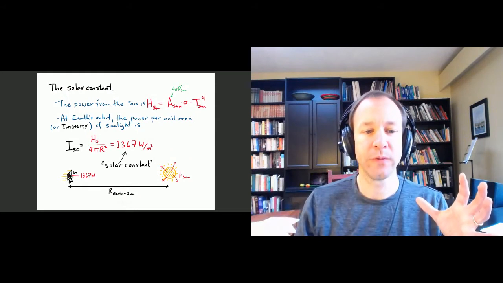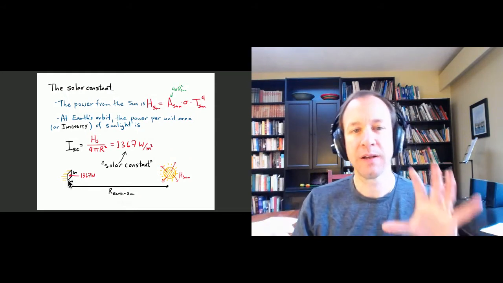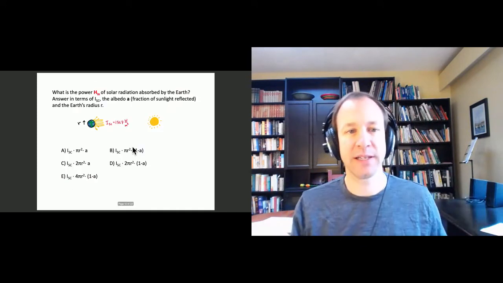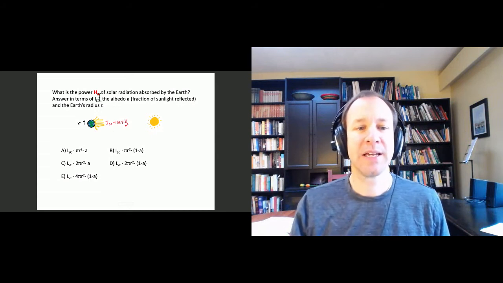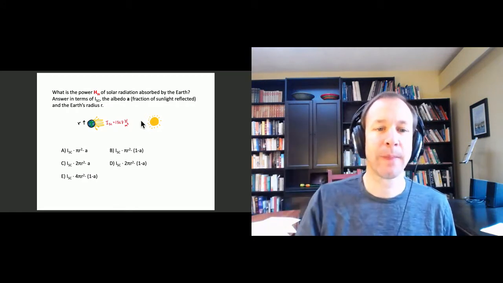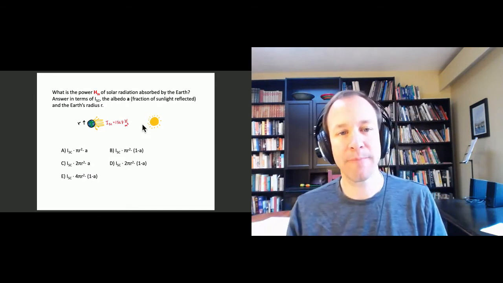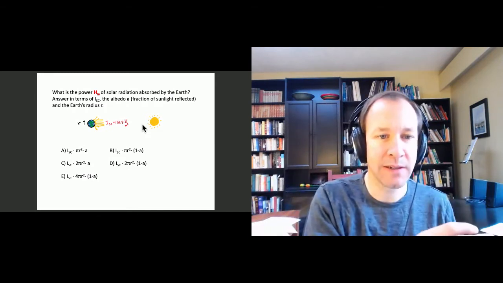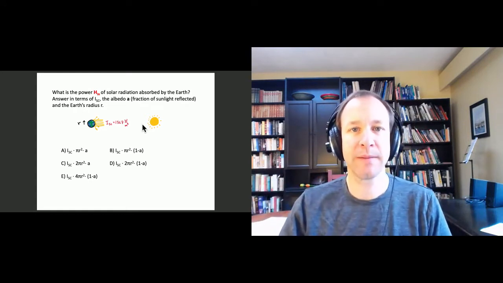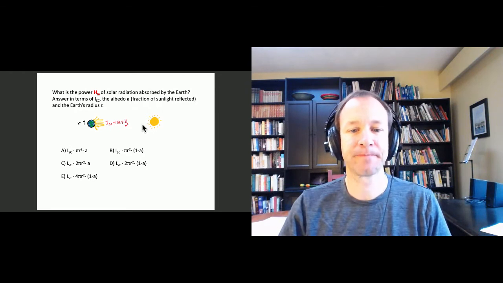So we know for a 1 meter squared surface perpendicular to the sunlight, that's how much energy there is. Now we want to say, using the actual size of the Earth, so little r is the radius of the Earth, and using the albedo, which is a fraction of sunlight reflected, how much total power is reaching the surface of the Earth from the sun? Okay, so pause your video and take a moment to think about that, and then we will talk about the answer.